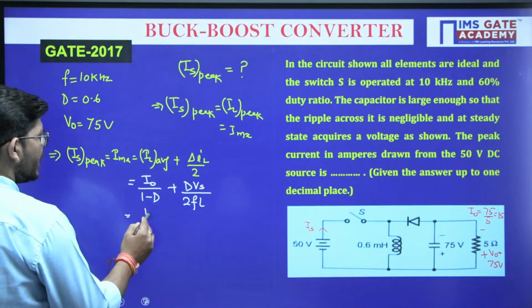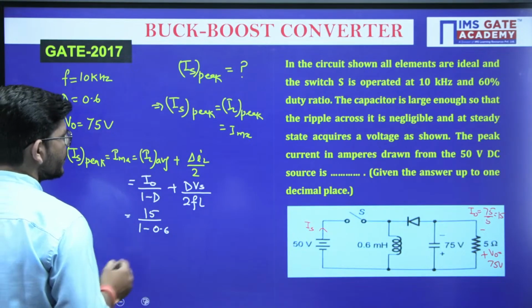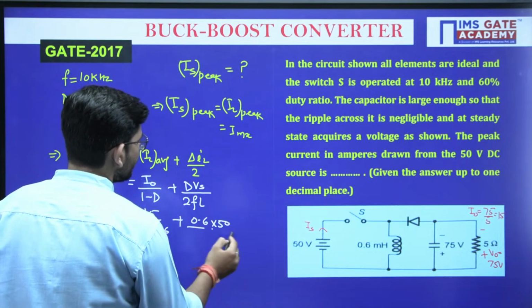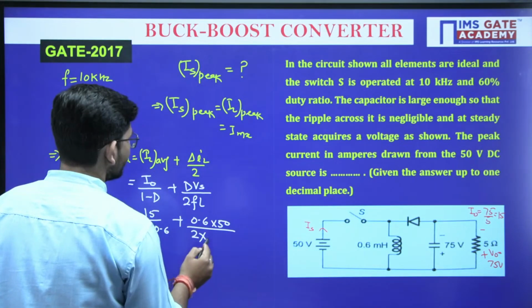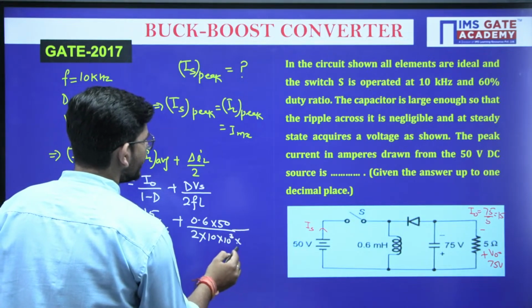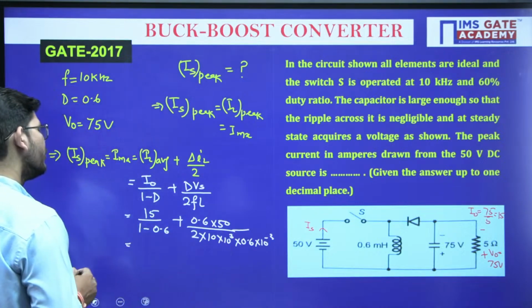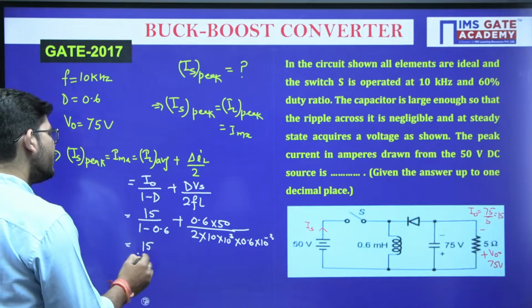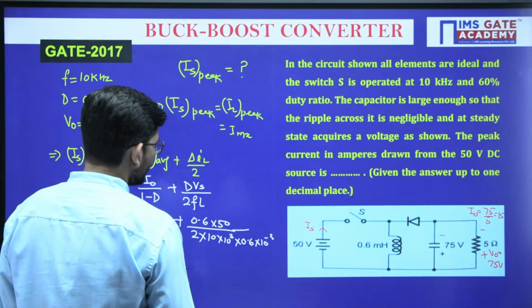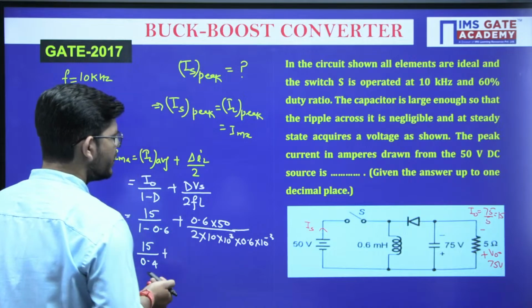I naught that we will be having is 15 ampere upon 1 minus D, with D being 0.6, plus D which is 0.6, Vs is 50 divided by 2 into F that we have, 10 kilohertz, and L might be in millihenry. Yes, 0.6 millihenry that we have. How much are we going to get? This is 15 divided by 0.4. Just see, 0.6 gets cancelled, 10 to the power 3 and minus 3 will be resolved.